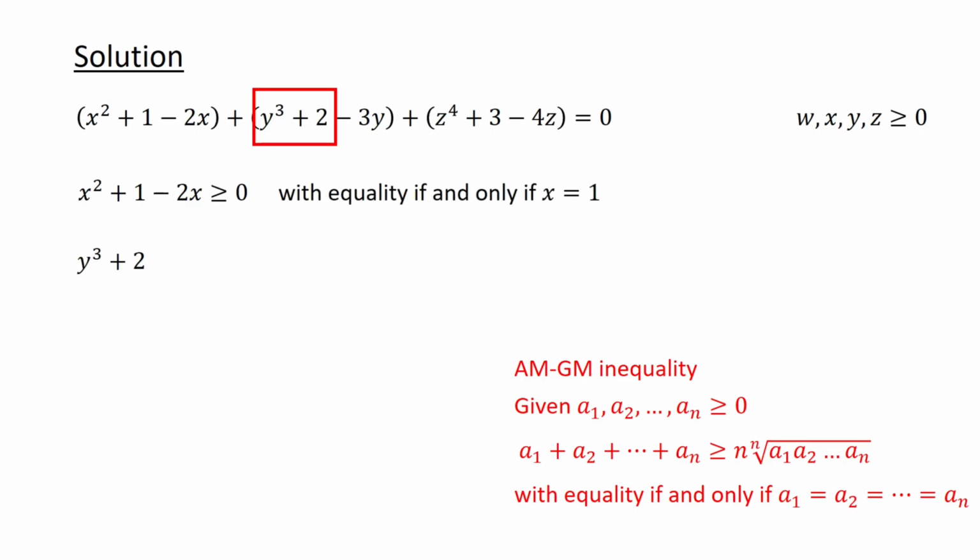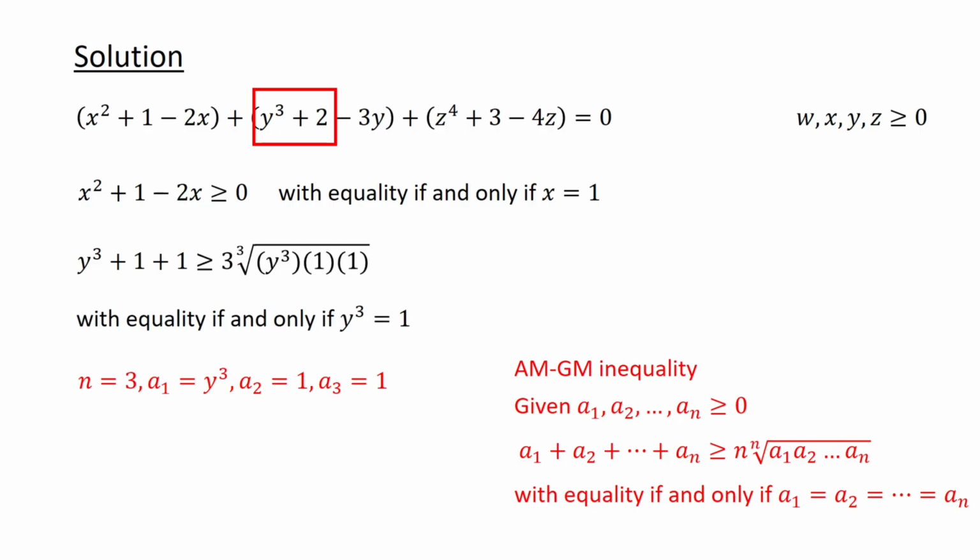Next, consider the term y³ + 2. Writing the expression as y³ + 1 + 1 and then applying the AM-GM inequality, with n equals 3, a1 equals y³, a2 equals 1, and a3 equals 1, gives us y³ + 2 is greater than or equal to 3 times the cube root of y³ times 1 times 1, with equality if and only if y³ equals 1.